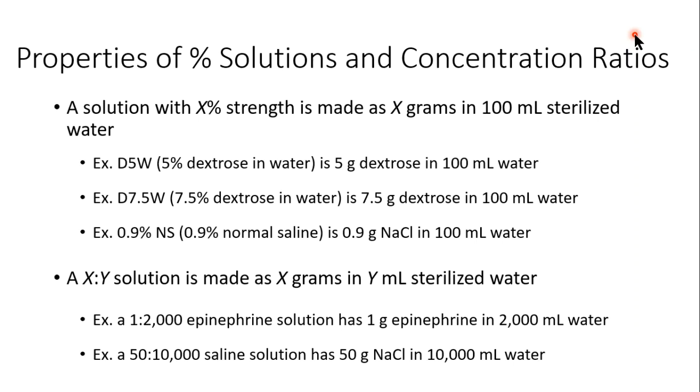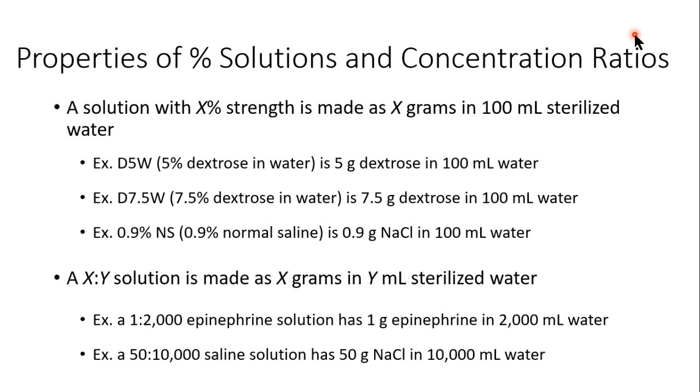Likewise, D7.5W means 7.5% dextrose in water, which is 7.5 grams of dextrose in 100 milliliters of water. And 0.9% normal saline is 0.9 grams of salt, NaCl, in 100 milliliters of water.